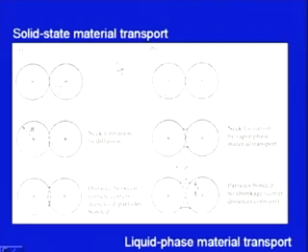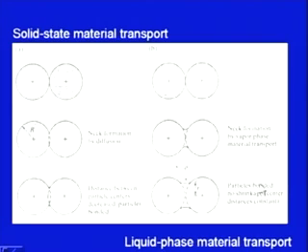So, solid state material transport takes place in this zone, and the distance between the two centers will decrease. Whereas, in case of liquid phase material transport, these are the two metal particles which are coming together, and they form a vapor phase here. So, there is neck formation by vapor phase material transport in this zone. Finally, we get the bonding between the two metal particles.